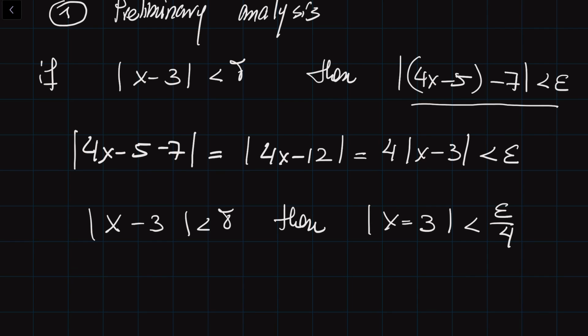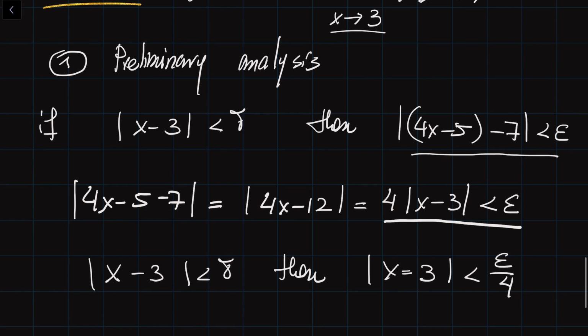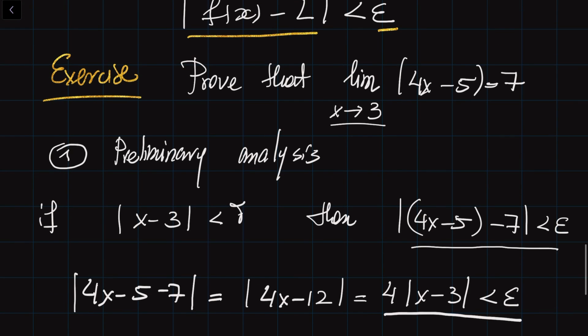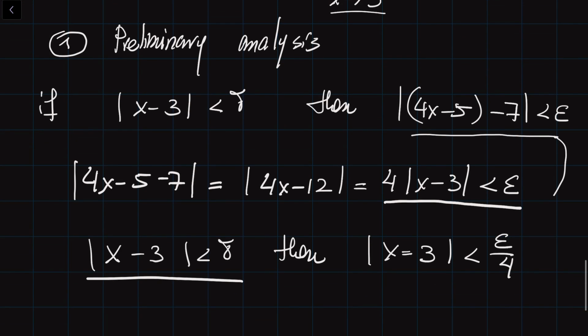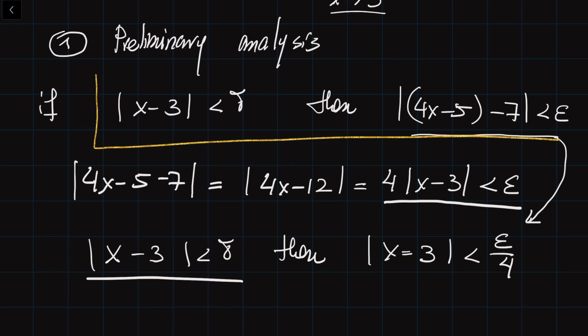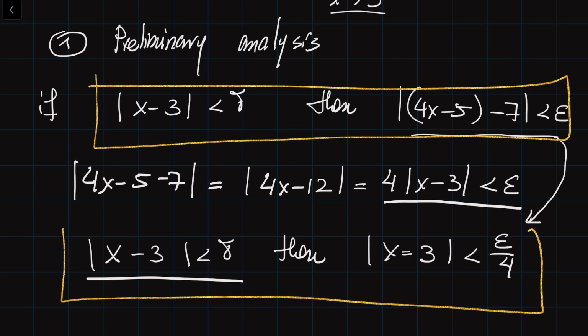This x minus 3 smaller than epsilon over 4 is not about the limit of x, right? It's actually about the function itself getting closer to 7. We just simplified this expression and wrote this here. So look at these two expressions, for example, here and here.